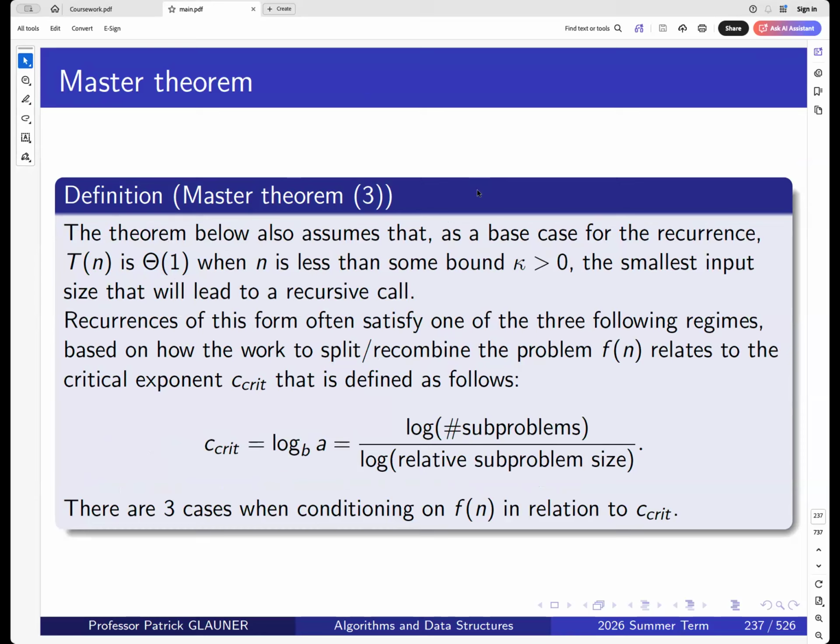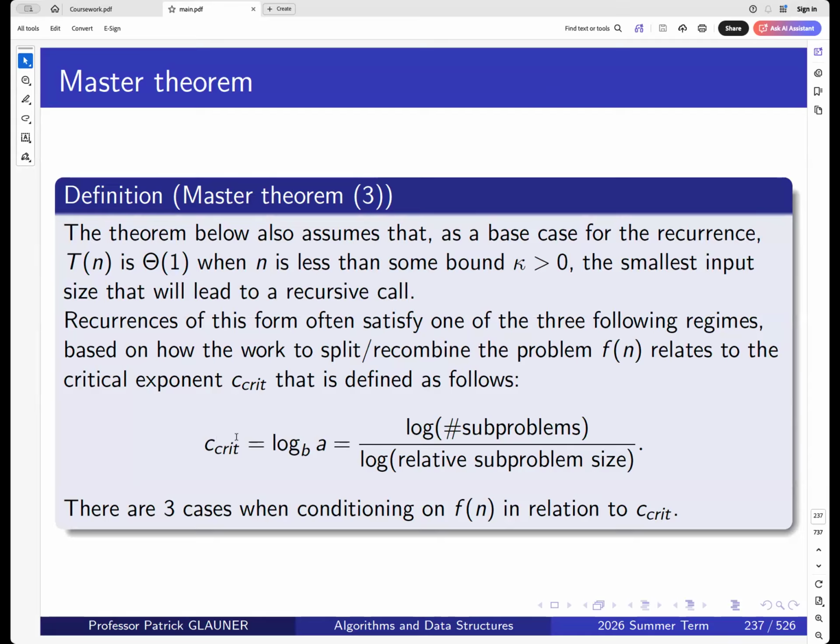And we would also assume that this base case appears when n is less than some threshold, for example, T of 1 or T of 5, whatever, but some threshold that is not subject to n, but maybe a constant. Like we said, T of 1, or T of 2, whatever.